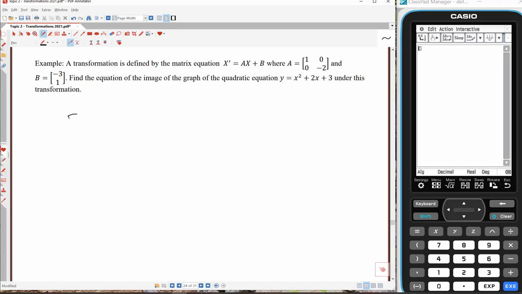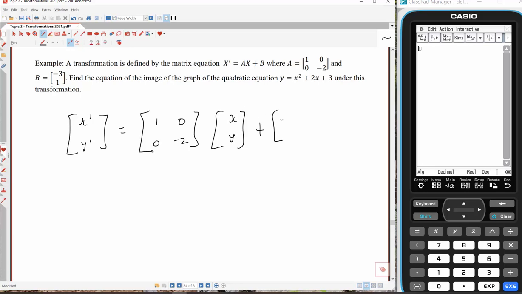So x dash and y dash equals A, which is this matrix here, (0, 1, 0, -2), operating on x, y, plus b, which is (-3, 1). Via matrix multiplication, x dash is equal to x take 3, and y dash is equal to -2y plus 1. Again, just using matrix multiplication there.